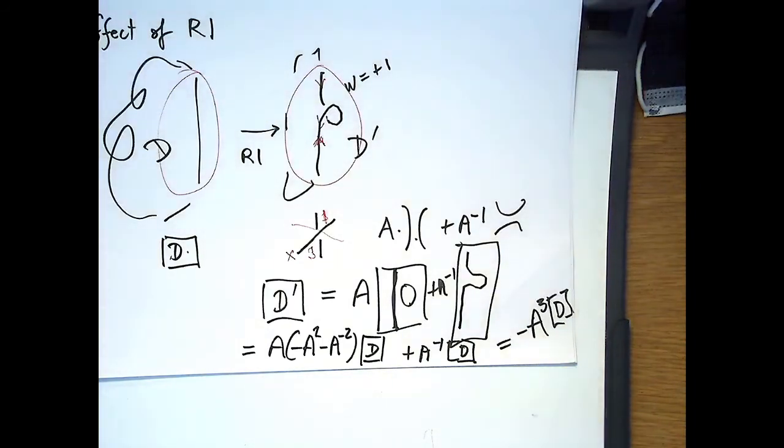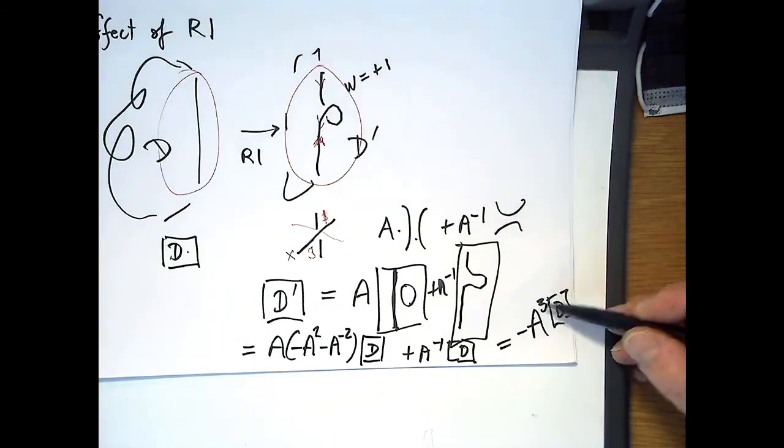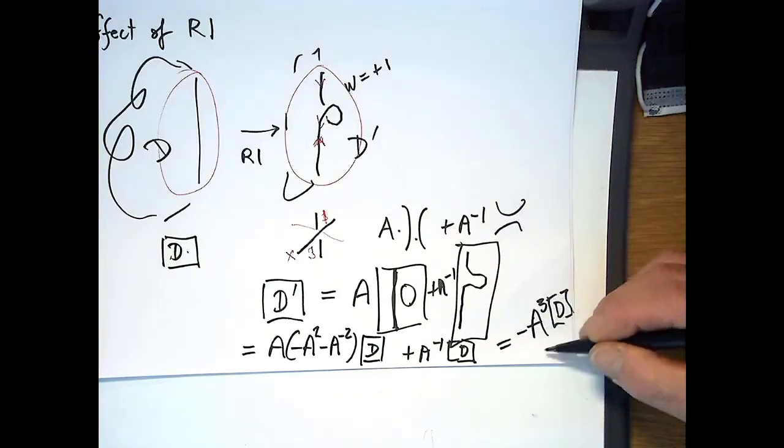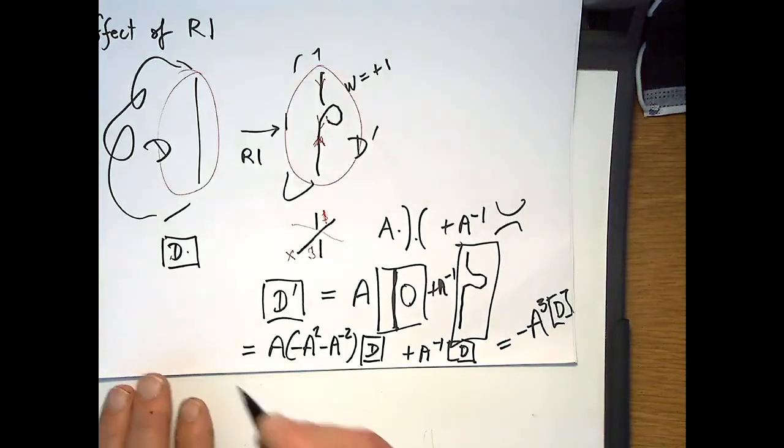This is related to the writhe, because the reason it's 3 is that it's really 3 times the writhe. If you have a number of twists, it will be 3w rather than just 3. It would be minus A to the power of 3w. But anyway, this is the effect of R1.